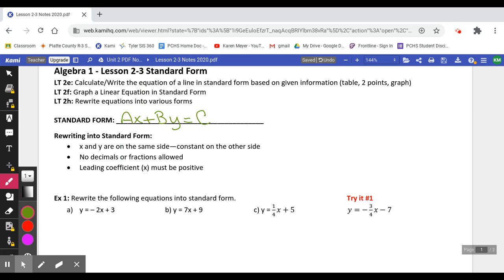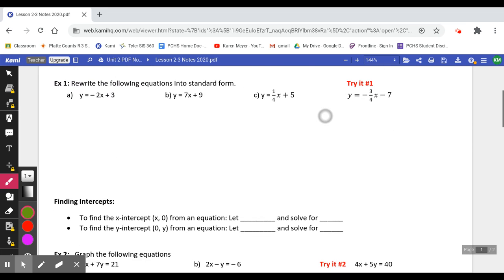X and Y have to be on the same side and the constant, which is the plain number, on the other. You are not allowed to have any decimals or fractions. And the leading coefficient x, so that means your A, must be positive. So keeping those three things in mind, let's go to our first example.